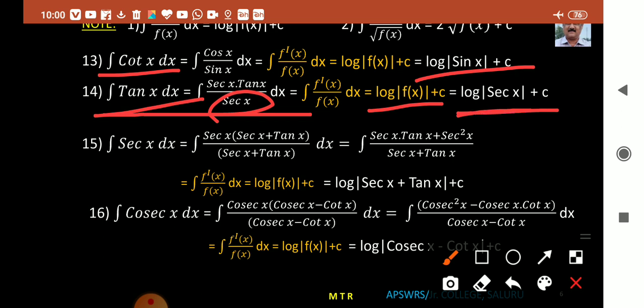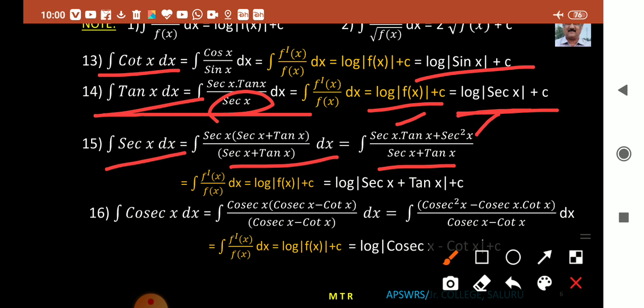Now integral secant x dx. Multiplying both numerator and denominator with secant x plus tan x. So integral secant x into secant x plus tan x by secant x plus tan x, multiplying the brackets: secant x into secant x is secant square x, secant x into tan x is secant x tan x, by the denominator as it is. Here you observe the denominator is secant x plus tan x.